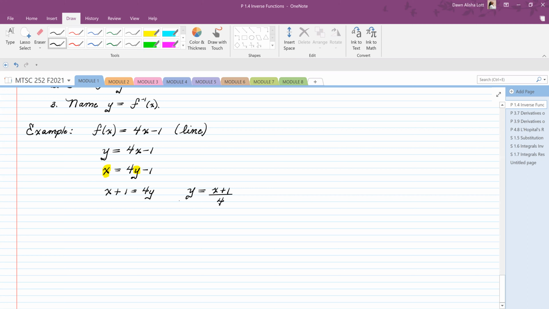And then lastly, I'm going to rename y f inverse. So f inverse of x becomes x plus 1 divided by 4. There's my inverse function.